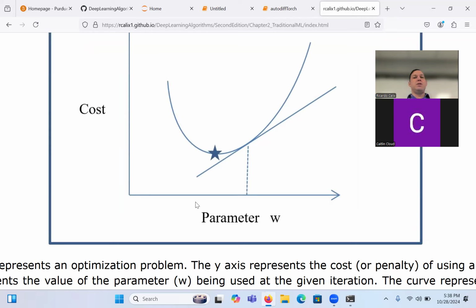Intuitively, if I'm at this point, the graph would tell me to go to the right. Do you see that? Because you want to step down. If I'm at this point, what should it tell me? To go left. Do you see that?